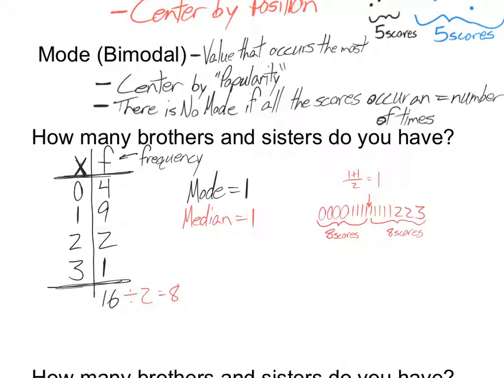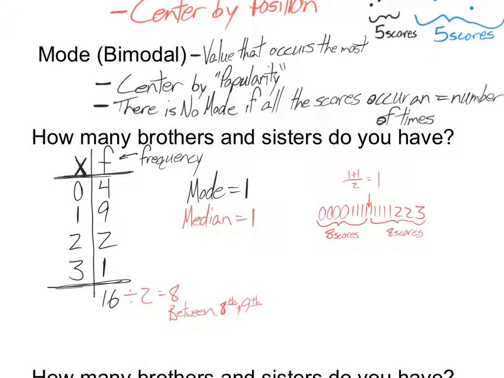And that means the median, since it came out evenly, is between the 8th and 9th score.